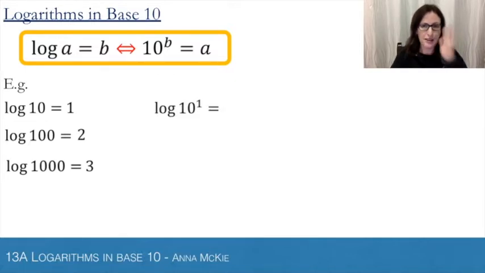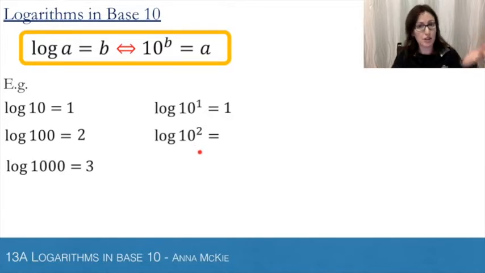If we think about writing this in a different way, instead of 10, 100, 1,000, let's convert these numbers all into base 10, and you'll see a pattern emerging, if you like. So the second one, instead of log of 100, let's call 100 10 squared. And the answer is 2. So you can see that when you have log of 10 to the power of a number, that answer is also the answer here, so that you can read off the power if you like.